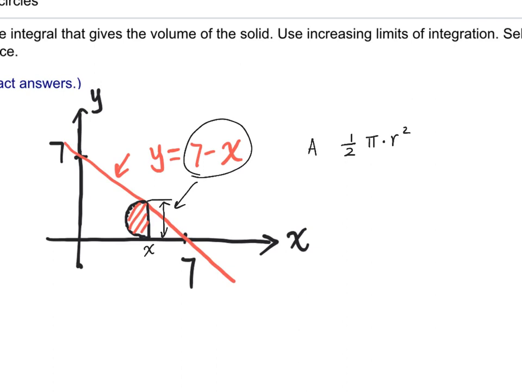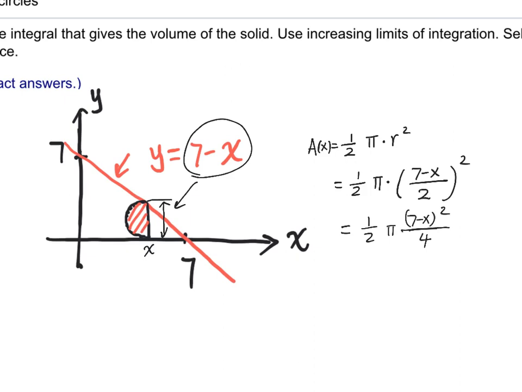So A of x is going to be 1/2 times pi times half of the diameter, (7 minus x) squared. If you simplify, it is 1/2 pi times (7 minus x) squared divided by 4. So that's the cross-sectional area.